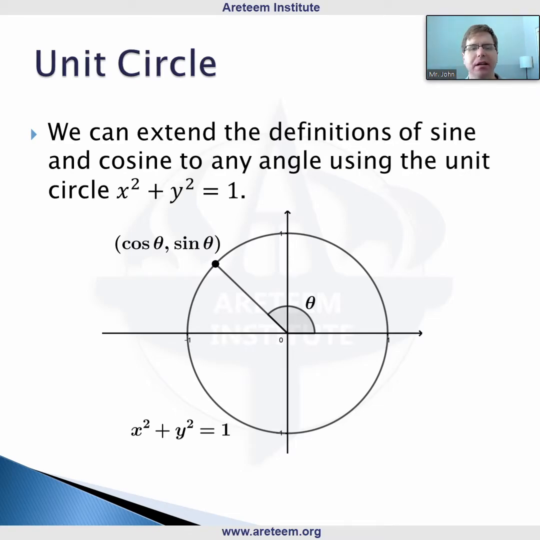Then we can think of the sine and cosine values as the x and y coordinates of those points. So this x value here would give us the cosine of theta for this angle that is bigger than 90 degrees, and sine of theta can be thought of as the y value. Without too much imagination, you can see how these relate to our right triangles.